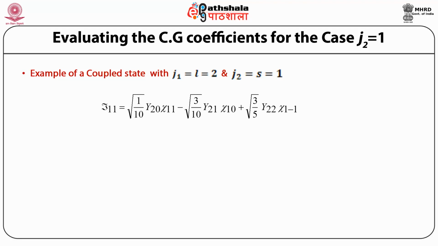Now, the state j=1, m=1 equals square root of 1 upon 10 Y20 chi11 minus square root of 3 by 10 Y21 chi10 plus square root of 3 by 5 Y22 chi1,-1.